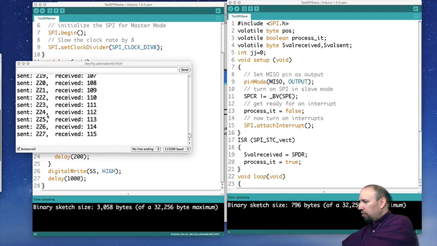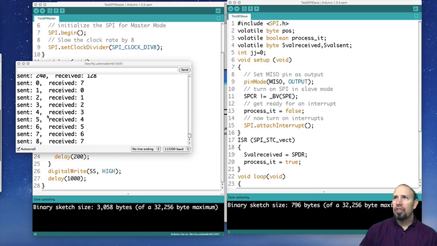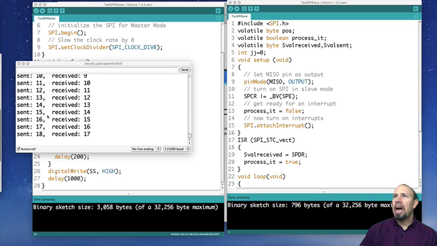So, when we synchronize, I'm going to go ahead and push the reset buttons for both at the same time. Okay, so notice that now they're lined up. I push them, and in this case, I happen to push them exactly in the right way so that they actually lined up properly. Sometimes you'll get them one number off, and so that is an issue to deal with. In fact, I think here we're at one number off.